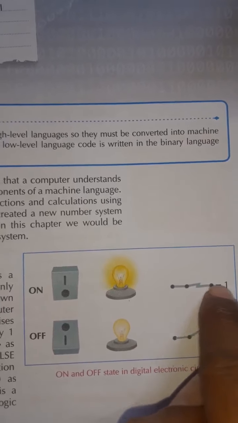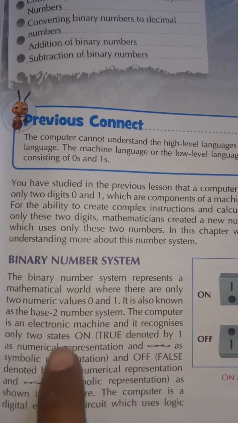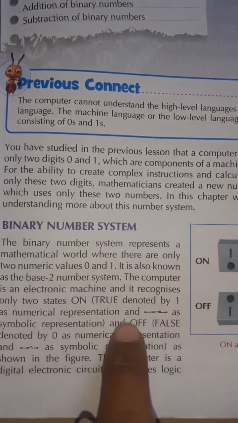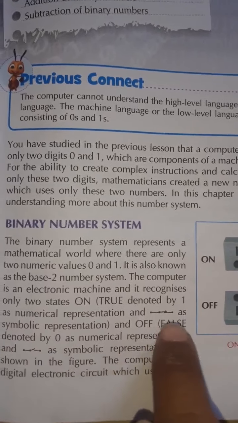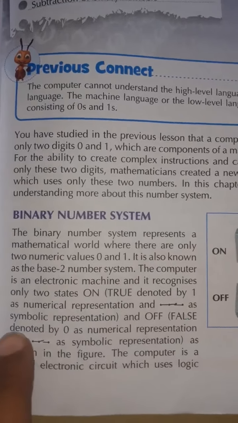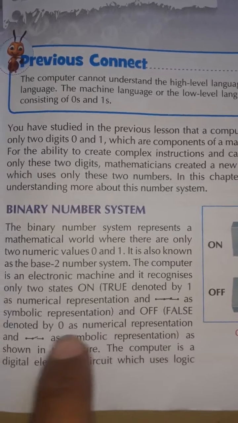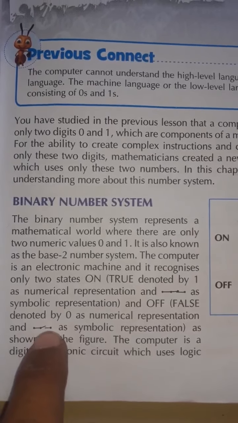True means 1. Again, the computer: on is denoted by 1 as numerical representation and as symbolic representation, and off means false and is denoted by 0 as numerical representation. In this way, this is called symbolic representation.